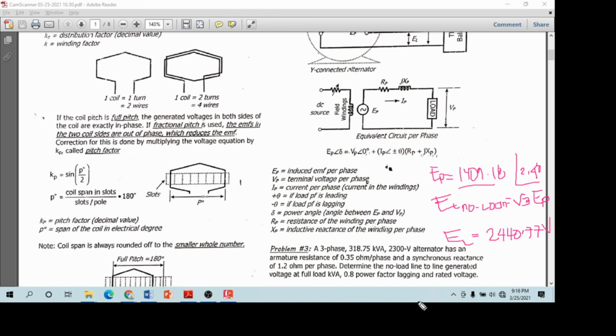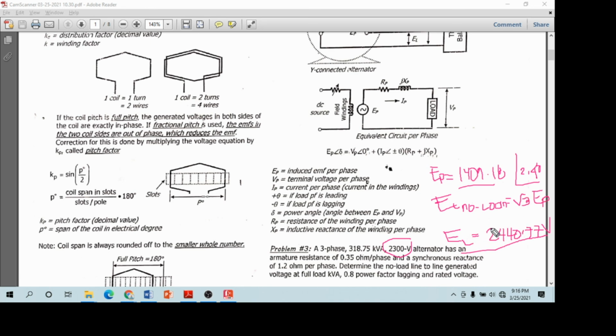Okay, so let's see. 2,300 and 2,440.77 have a big difference. This time, this 2,300 is fully loaded, while this one is no load.